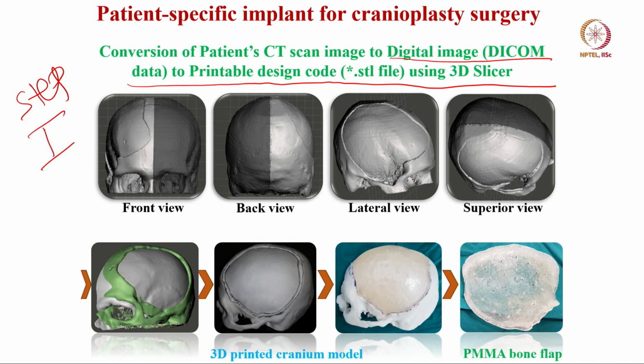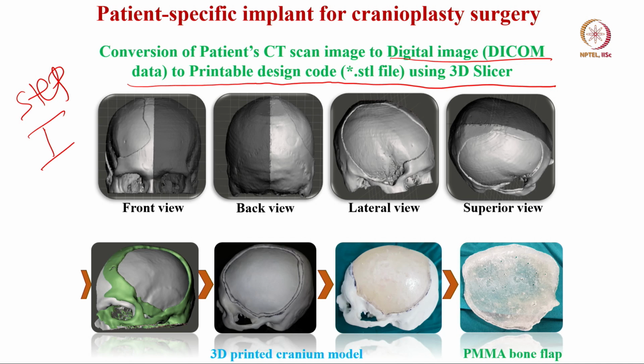Then, once you prepare the DICOM image and the patient's STL file, we normally send it back to the clinician for approval, and only if they approve the design do we do the further 3D printing to make the cranium model, the bone flap, and so on.